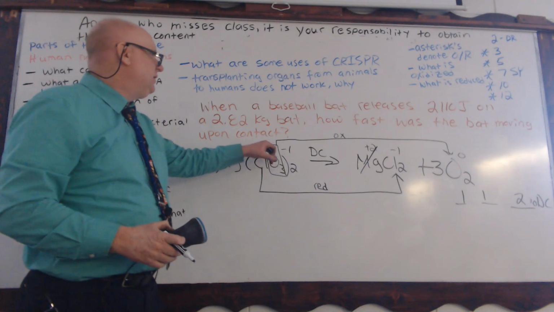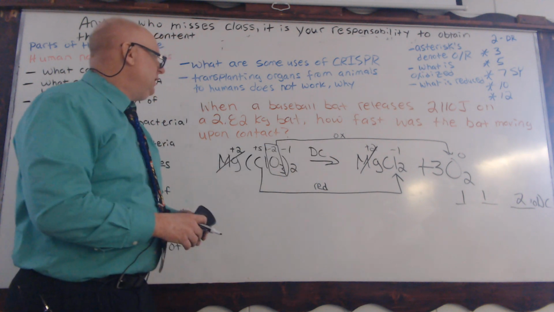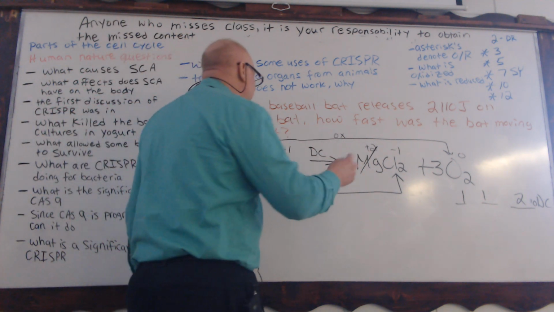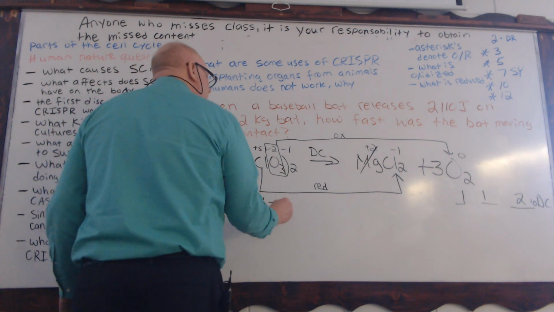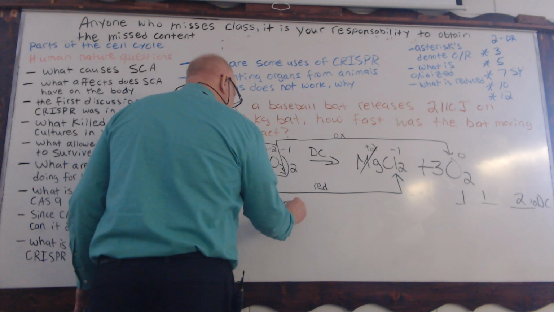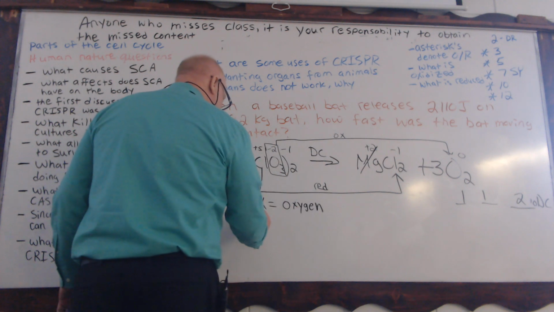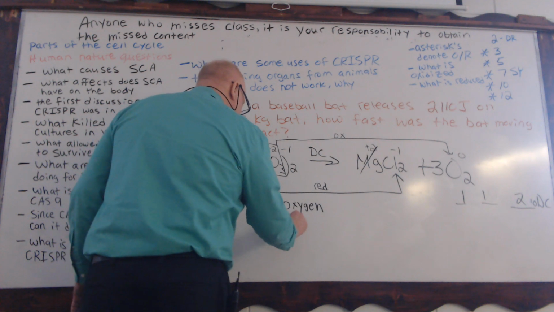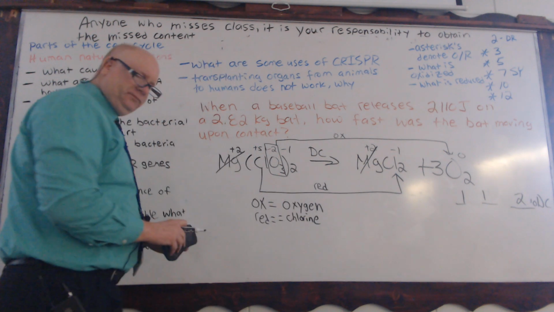I think just doing this, or maybe beneath, put ox equals oxygen and red, or reduction, equals chlorine. I think that'd be the simplest.